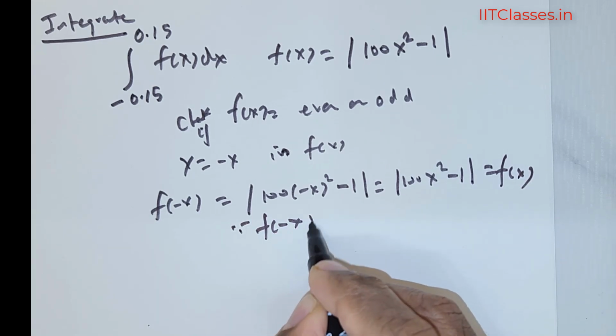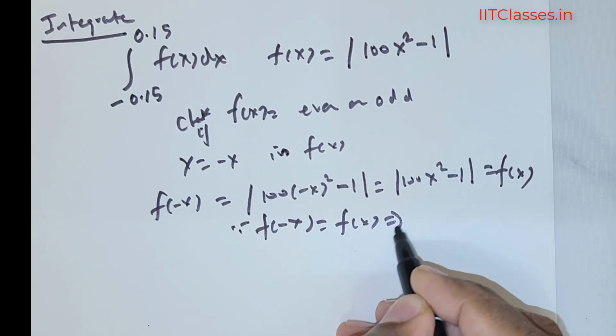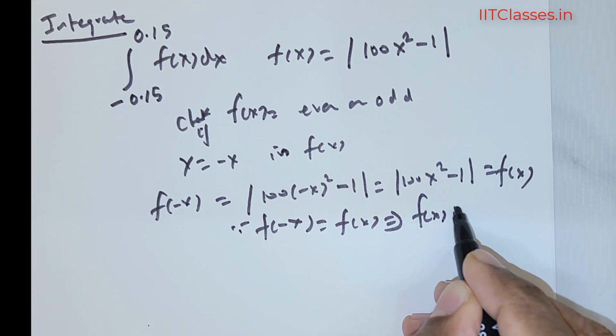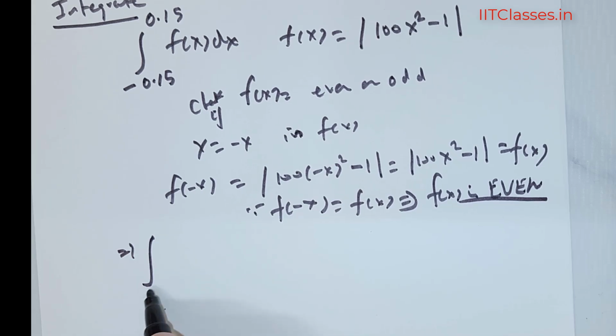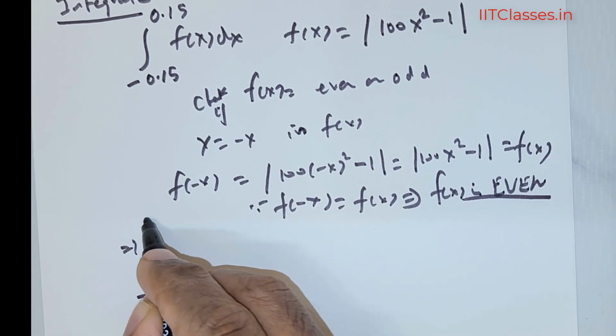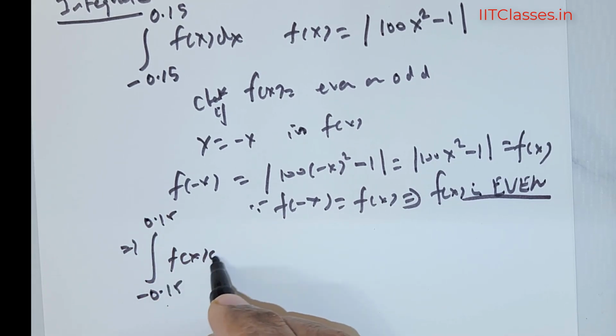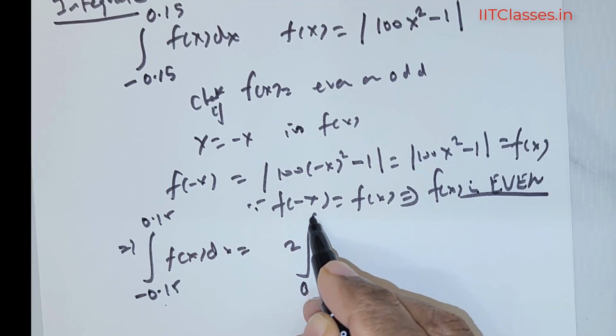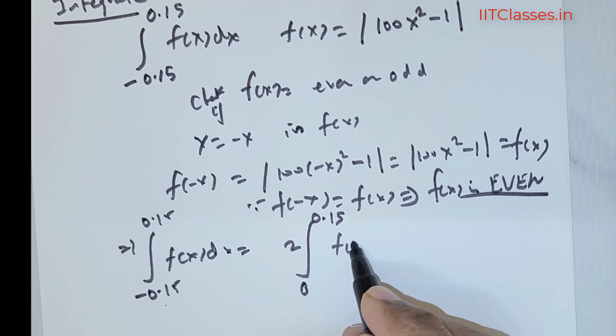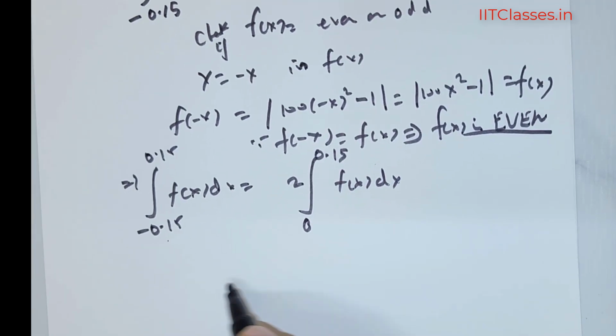Now, since f of negative x is equal to f of x, this means f of x is even. This in turn means the integral from negative 0.15 to 0.15 of f of x dx is rewritten as 2 times the integral from 0 to 0.15 of f of x dx.